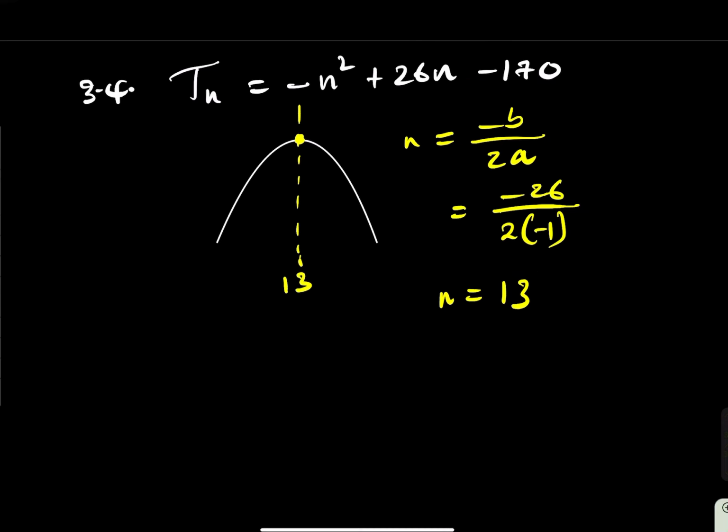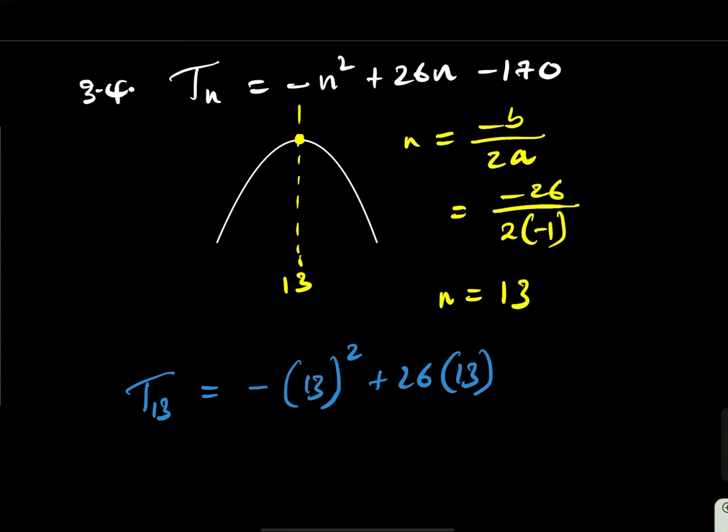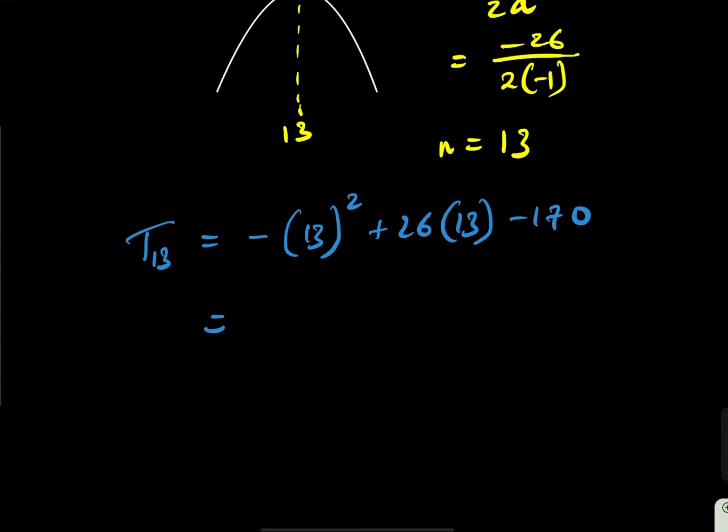So T13 will give us the maximum value, and that is negative of 13 all squared plus 26 into 13 minus 170. Let's use a calculator and see what we get.